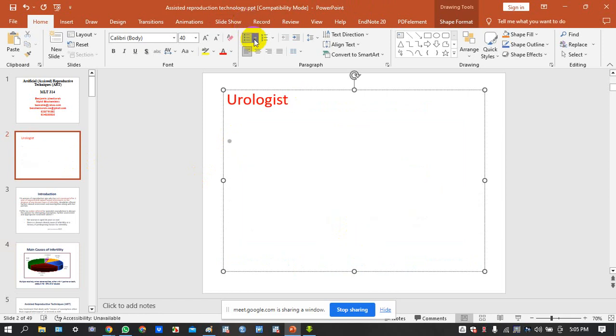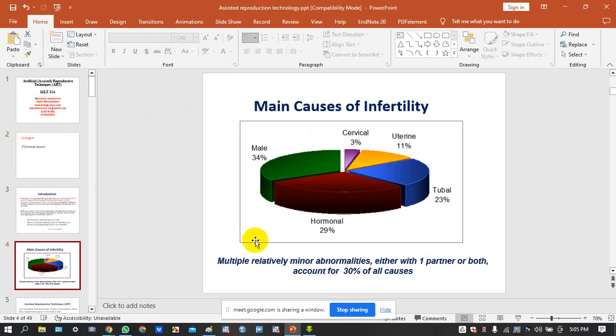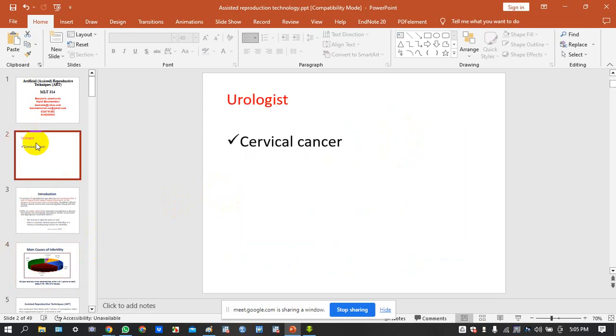Cervical cancer predisposes to most of the infertility situations in women. Apart from the cervical issues, we also have 11% of infertility being contributed by uterine factors, factors relating to the uterus.